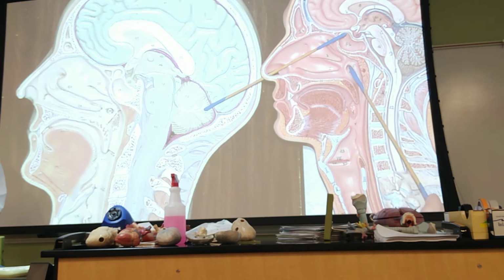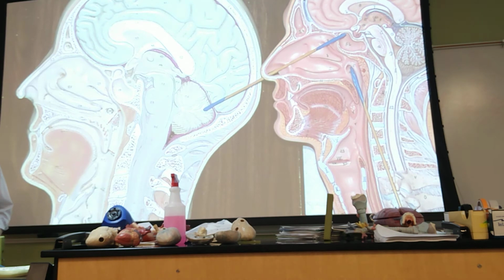This is called the eustachian tube, or you can use auditory tube, whichever seems easier to you. But anyway, it's right there. The eustachian tube is a tube coming in to the hole, which is the posterior nares.